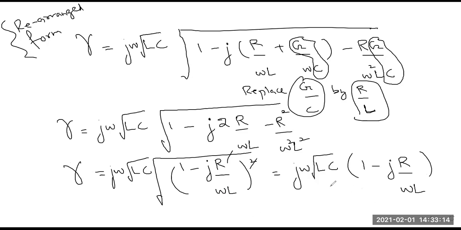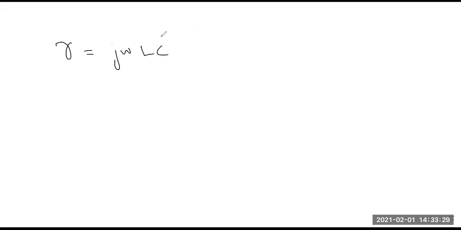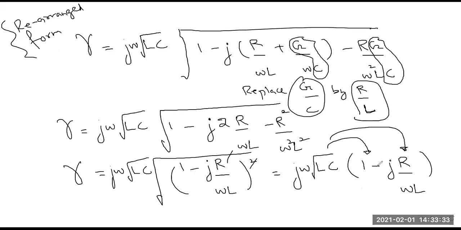Let me multiply this term. So what you will get? You get propagation constant is equal to, 1 multiplied by this, you get j omega LC under the root. And you multiply this, so minus, and then j and j square, you get another minus. So this minus will become plus. So you get plus.